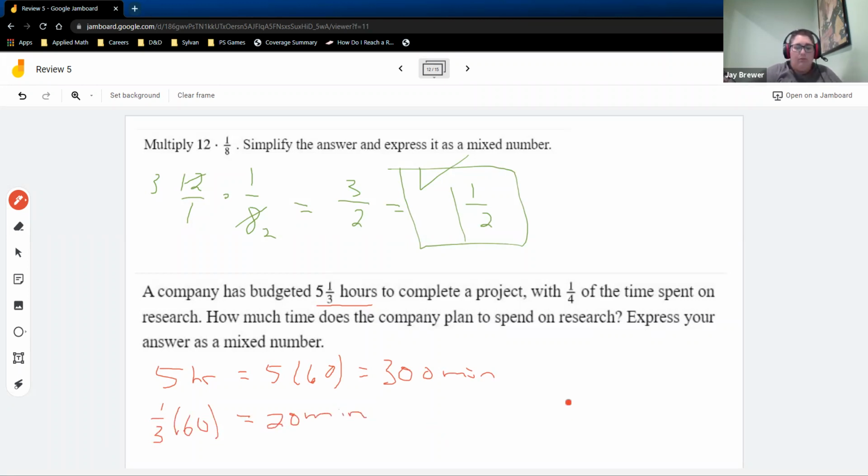So now we need to know how much is 1/4 of that time. So if our total is 320, we need to divide that by 4, because it's 1/4, right? So 1/4 of the time, divided by 4, that actually gives us 80 minutes. And if we want to write that as a mixed number, then 80 minutes we can say is 1.